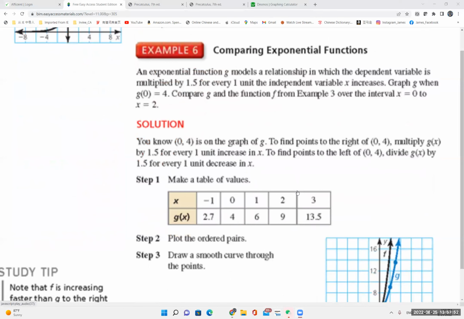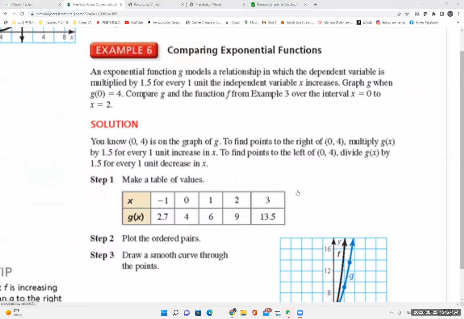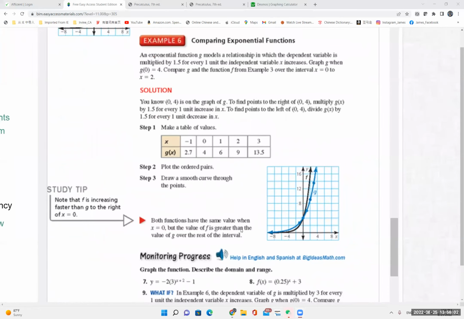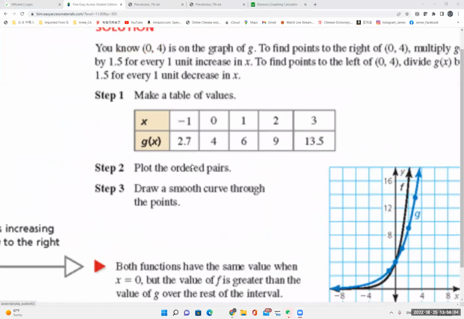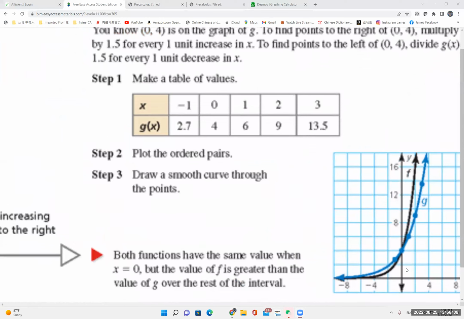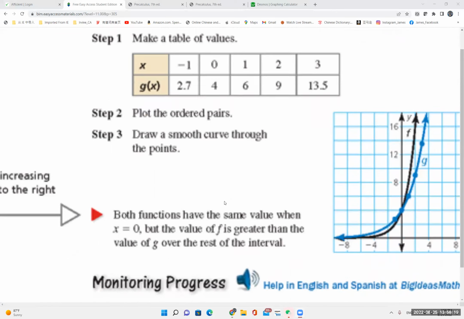Comparing exponential functions. Oh, okay. So they just found this table to draw the line. Then connect this line by a curve, right? You see here, it says draw a smooth curve through the points.